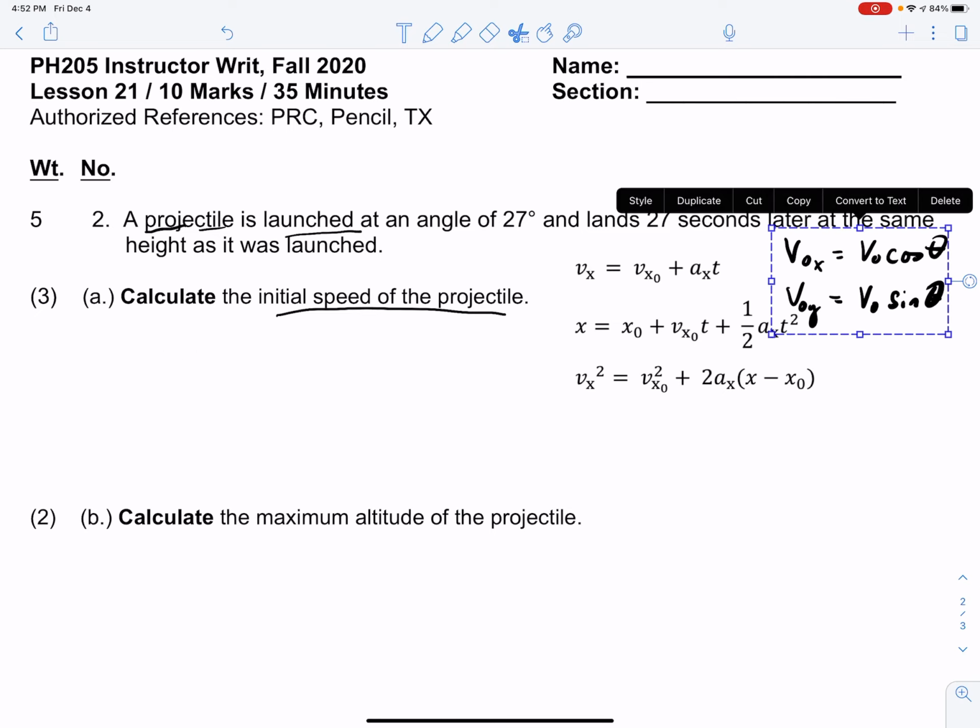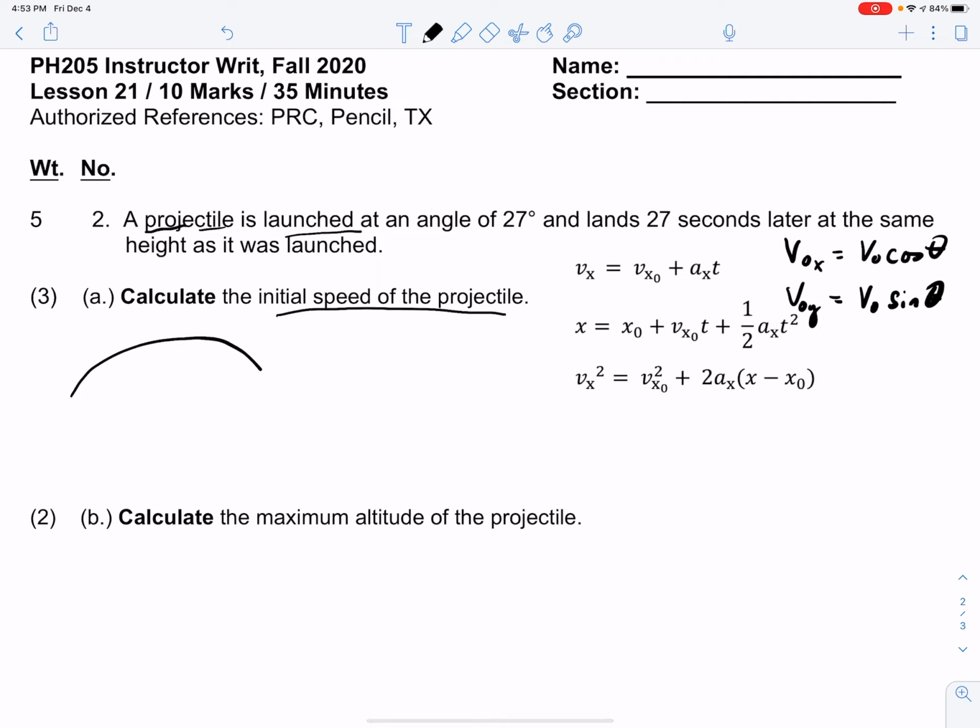Now, it says a projectile is launched, and we have the time, lands 27 seconds later, at the same height as it was launched. Okay, so basically, it launches at 0. It ends at 0. Height 0.